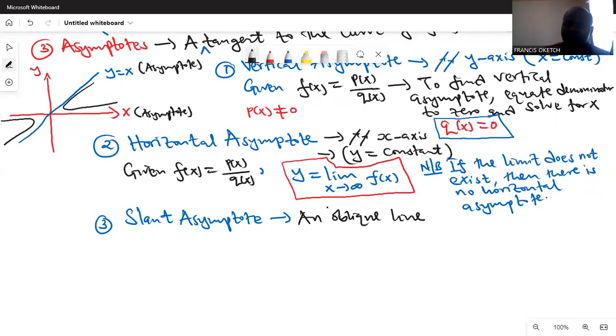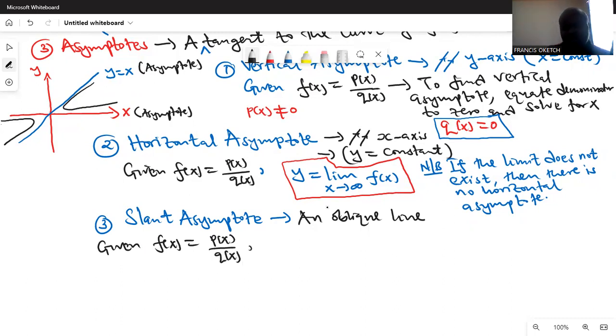And how do we find it if you are given a function? So you can say given that f of x is equal to p of x over q of x.